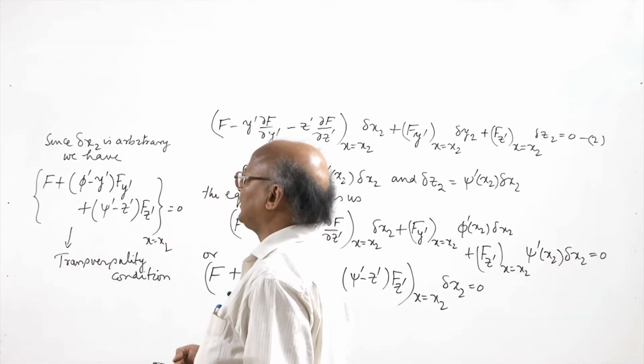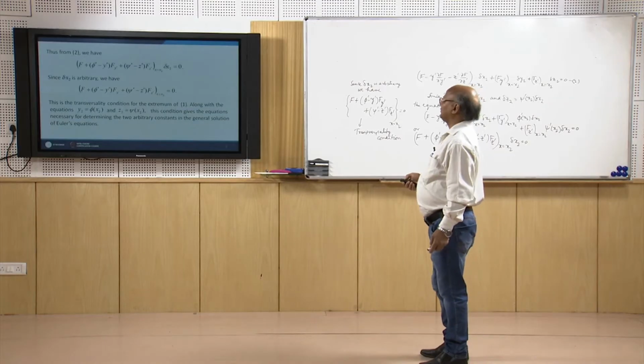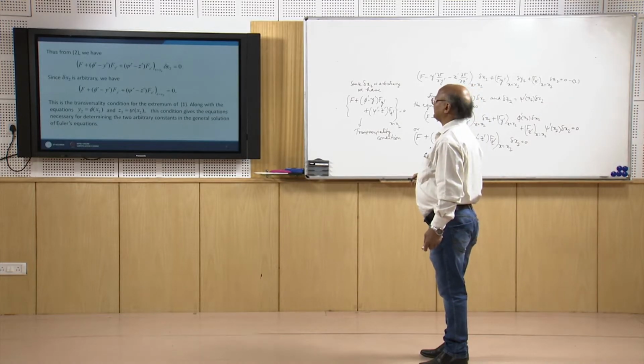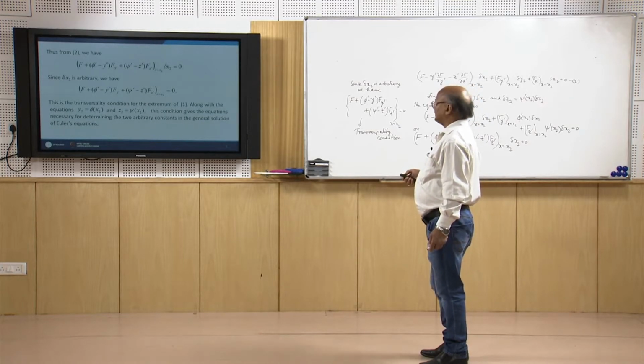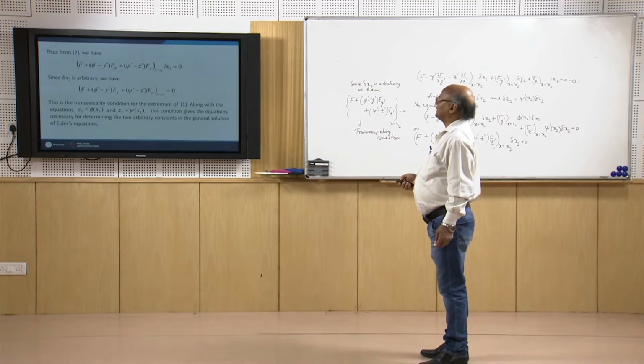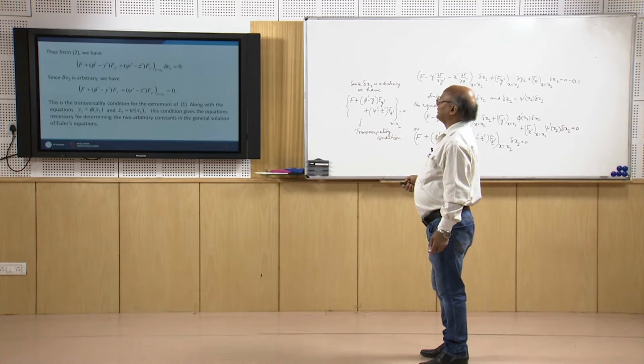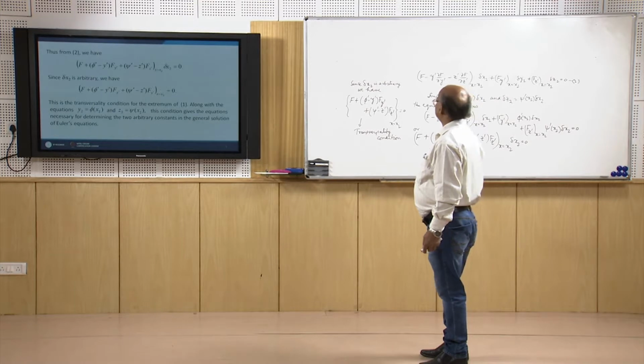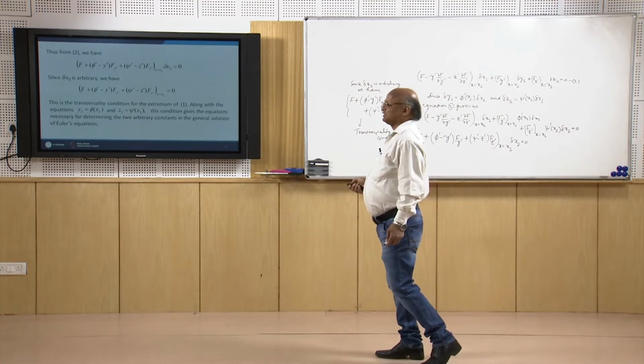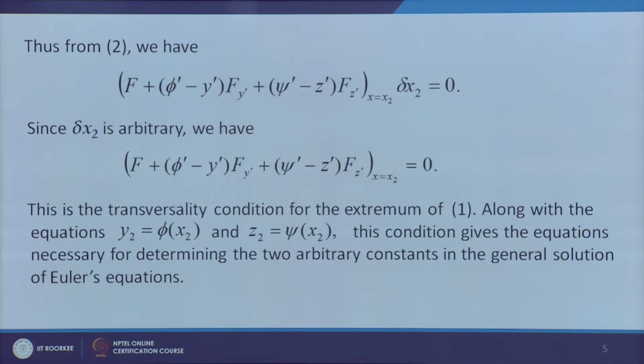When the point (x2, y2, z2) moves on a curve, then this is the transversality condition for the extremum of the functional I. Now, along with the equations y2 = φ(x2) and z2 = ψ(x2), this transversality condition gives the equations necessary for determining the remaining two arbitrary constants in the general solution of Euler's equations.